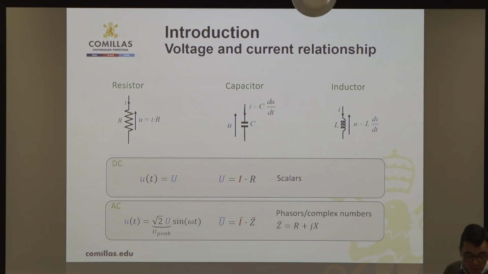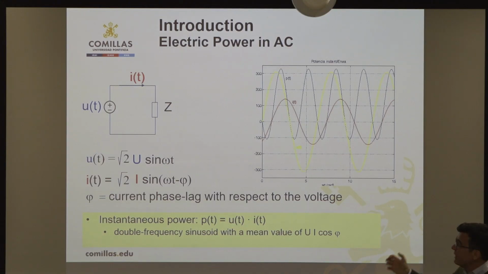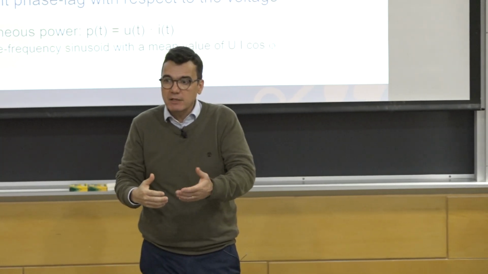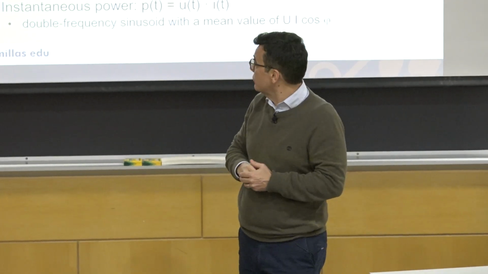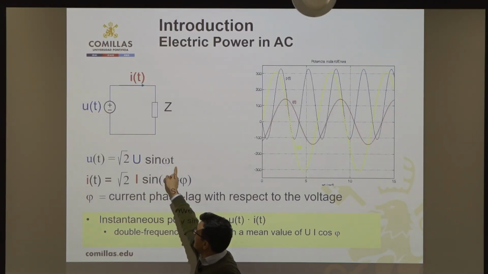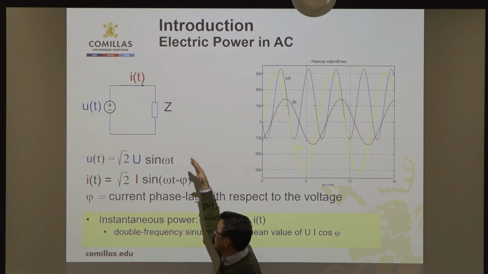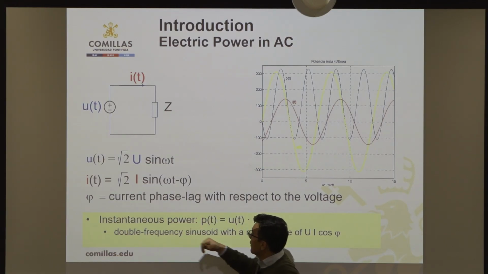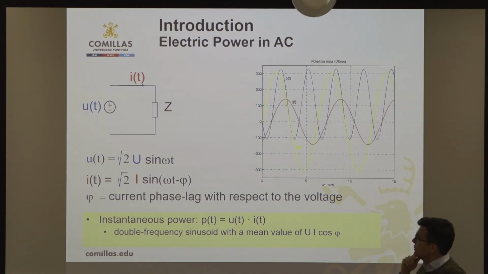So in a power system, whenever you have a load, it could have an imaginary part and a real part, both of them can be non-zero. If the voltage is this expression, the current will be the same expression with a different magnitude and a given phase. This phi is the current phase lag with respect to the voltage.